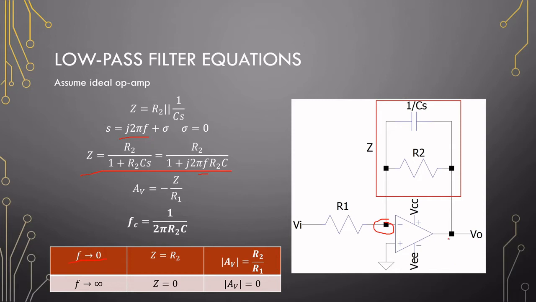So these two are basically working upon each other to find our cutoff. The typical way we would describe that is with time constants, and that would be just 1 over 2πR2C. R1 has no influence on our cutoff frequency.